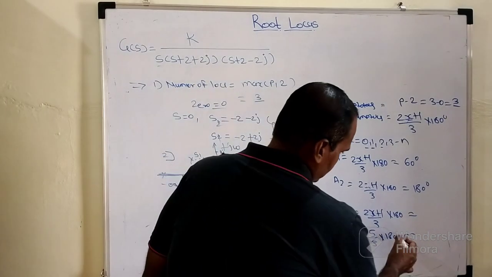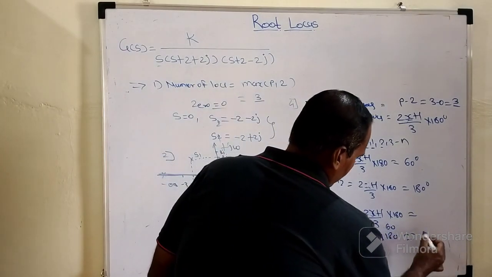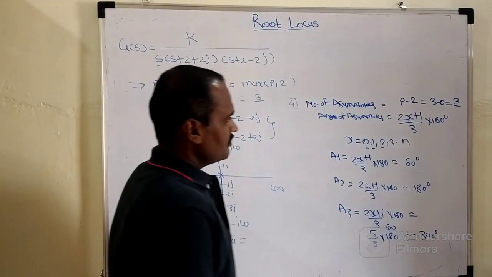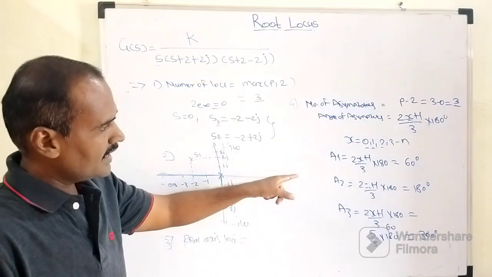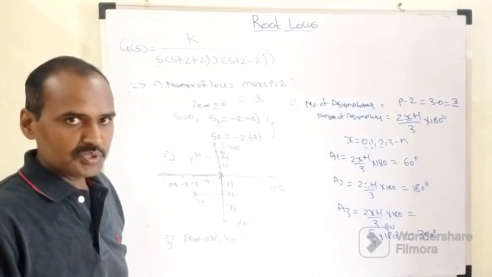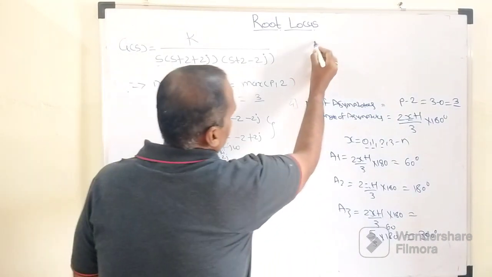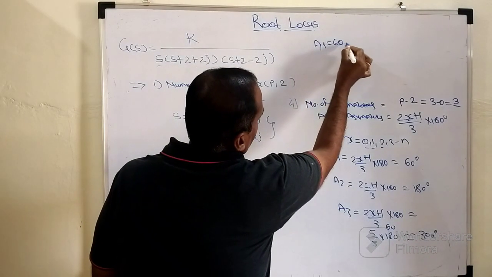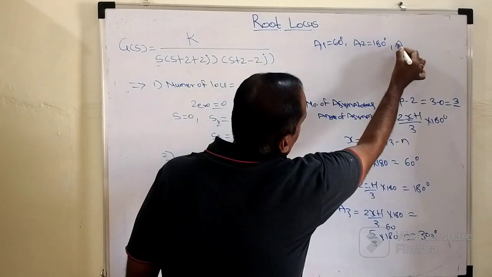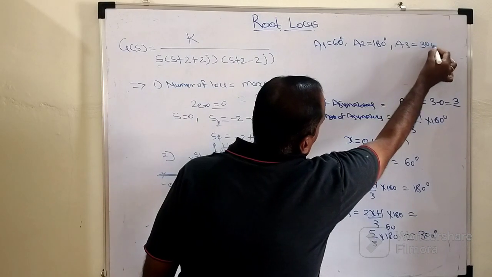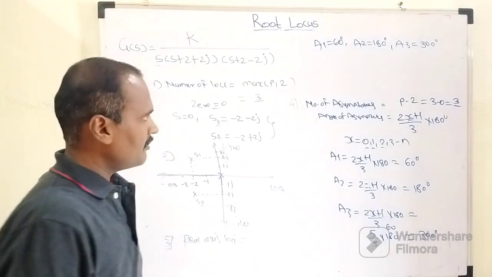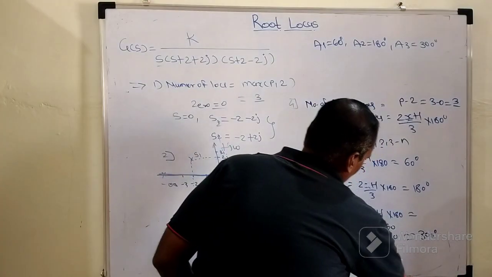So 3 sixes are 18, so 60 into 5, 5 sixes are 30, that is 300, right? So I will write A1 equals 60 degrees, A2 equals 180 degrees, and A3 equals 300 degrees. In this way, asymptotes and their angles are tabulated within this design step number 4.